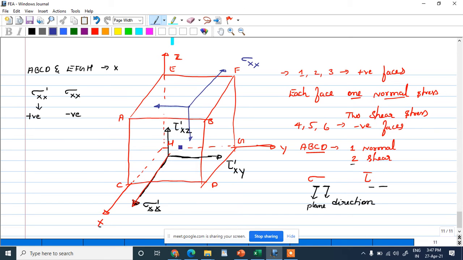And remember, so this positive forces, stresses will be represented in solid line, whereas the negative, it should be in dotted line. Okay, so dotted line, and this is also dotted line. Let me do the same, and this one also in dotted line.